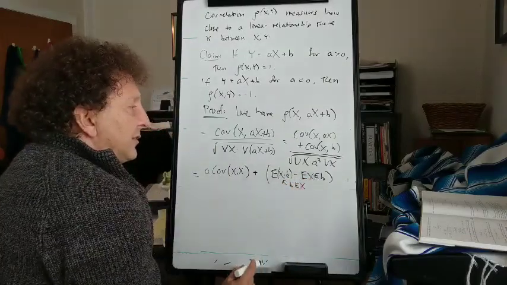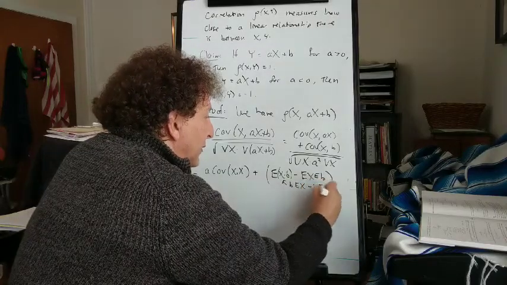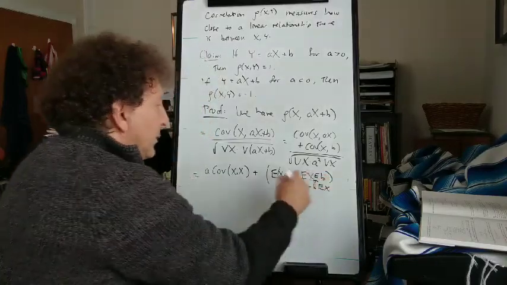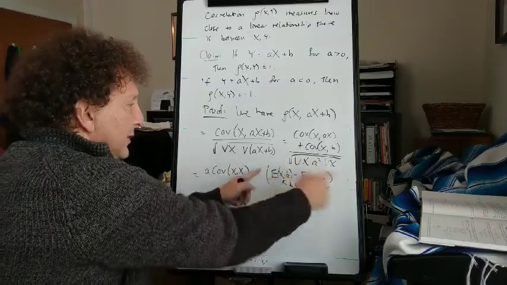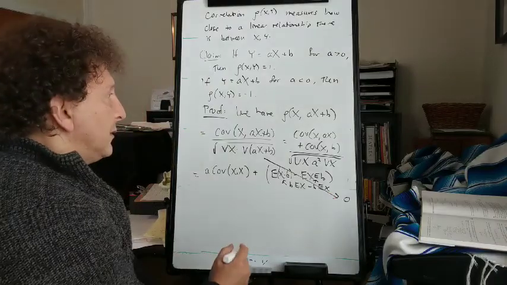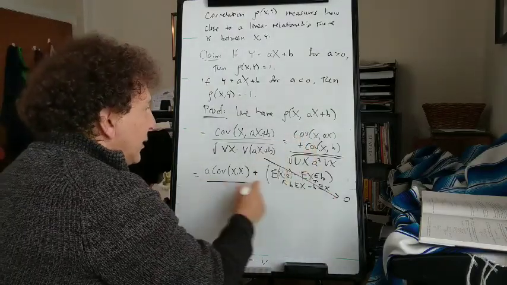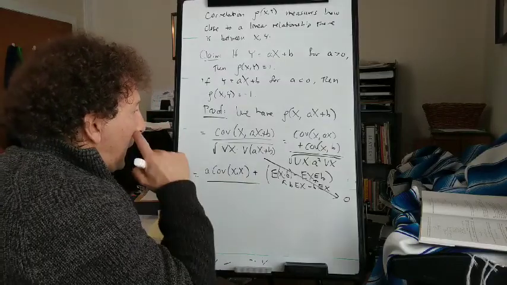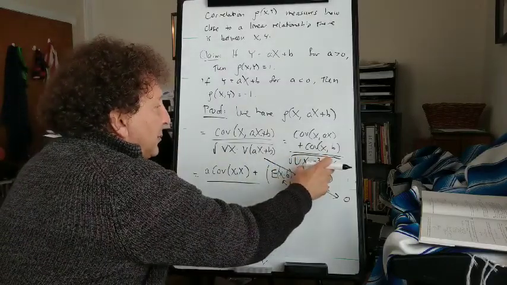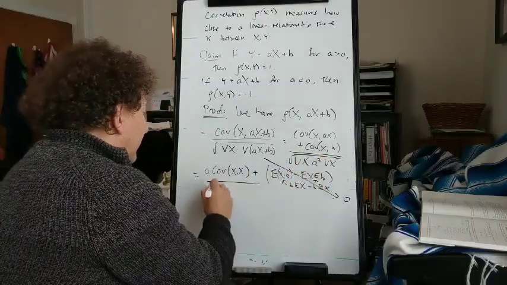The expected value of a constant is just that constant, so minus b times the expected value of x. So basically this part is 0. That's just going to go away. So what's left in the numerator is a times the covariance of x with x, over, alright, variance is a positive number, so the square root of variance times variance is just variance. We can write that here.